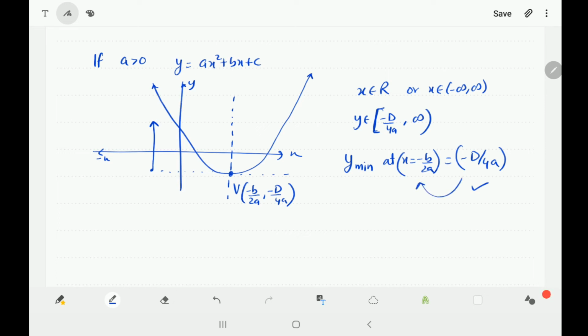If I ask the maximum value of this function, in this particular case the maximum value is tending to infinity, which is not a defined number. So we say that the maximum value in this case will be not defined.